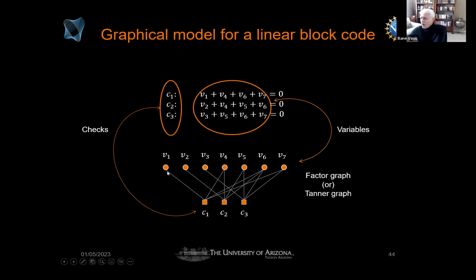We draw a connection if a variable is involved in a check. For example, check c1 involves variables v1, v4, v6, and v7, and then I connect these corresponding circles to check c1. This graph is sometimes called a factor graph, or a Tanner graph of a code.